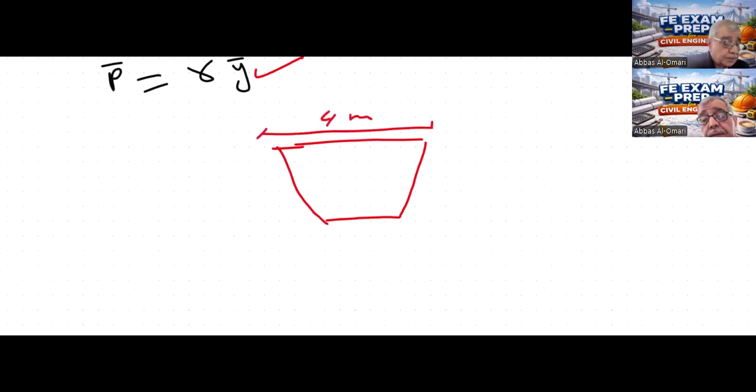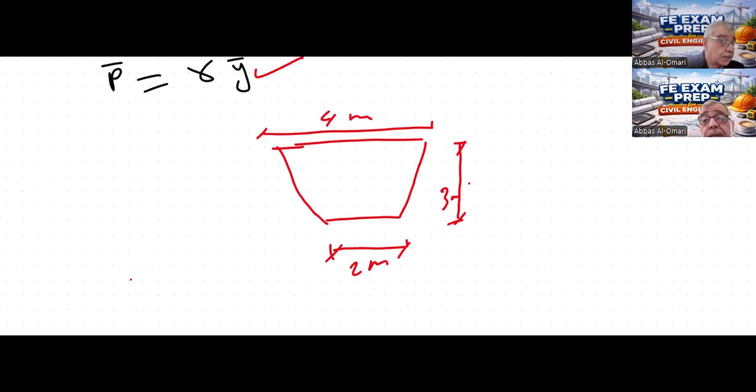This is 2 meters. And this is 3 meters. So how do we determine the centroid for this shape, for the trapezoidal shape?